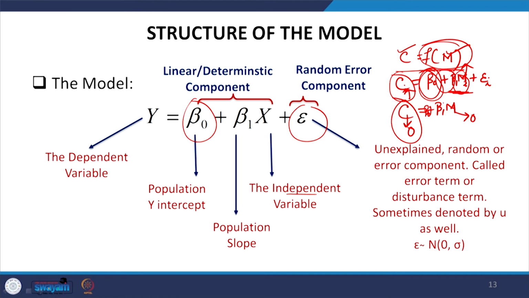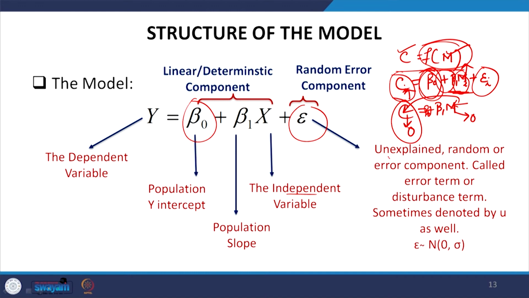Beta naught stands for autonomous spending by a particular consumer, and epsilon every time stands for some error, like whatever we expect with a 1 unit change in m may not exactly predict the change in consumption. There are some fluctuations, and those fluctuations are identified by the epsilon. We are going to explain everything in our diagram.